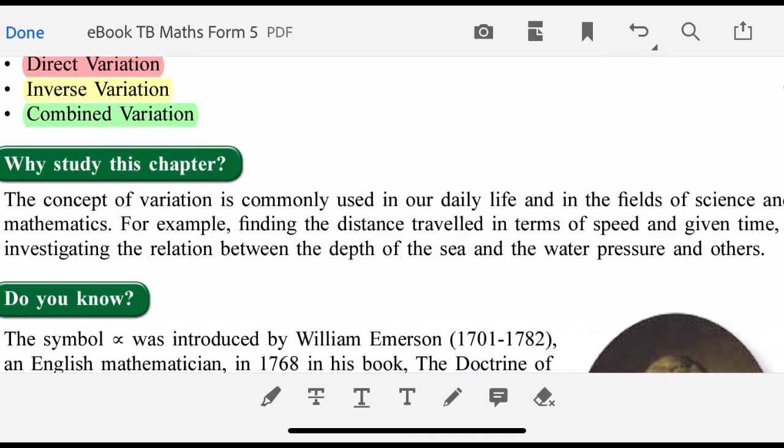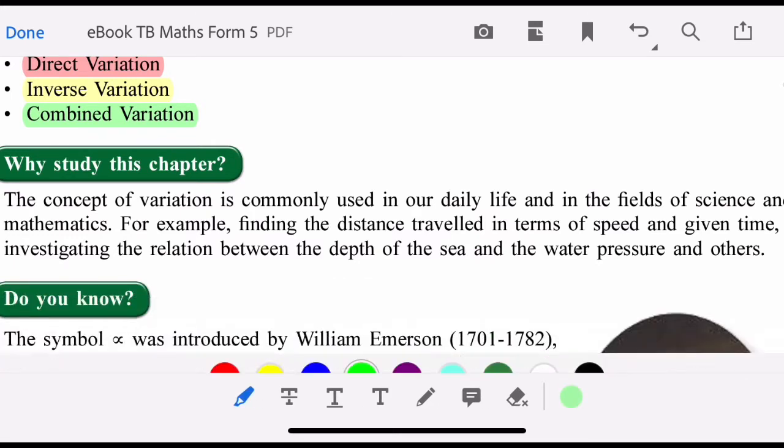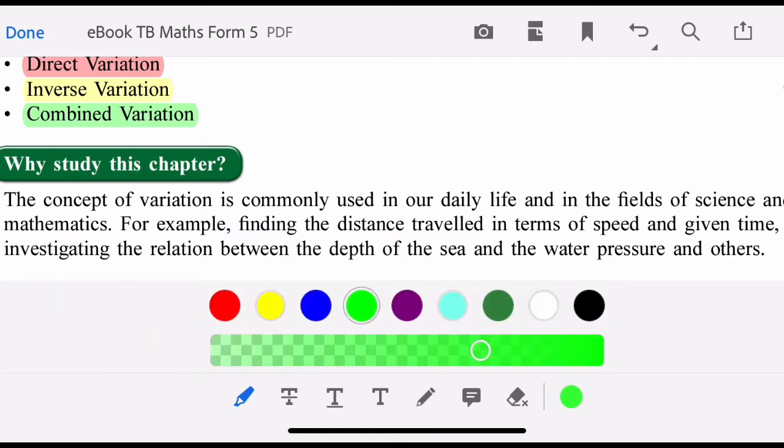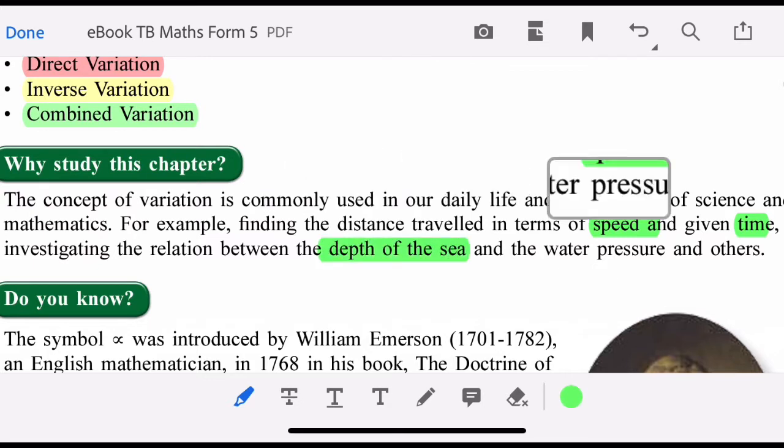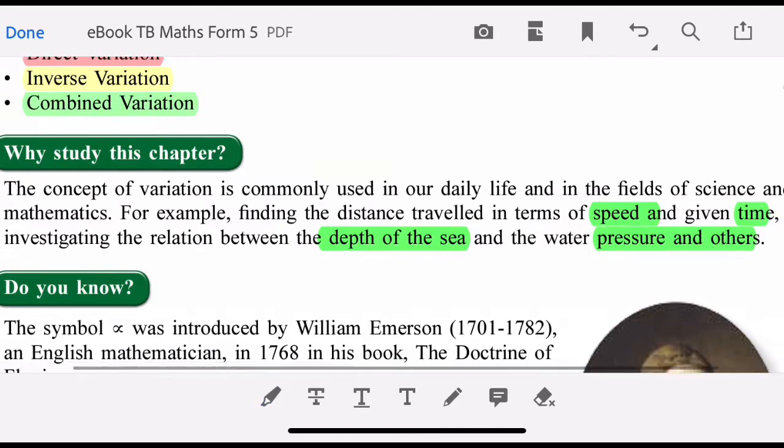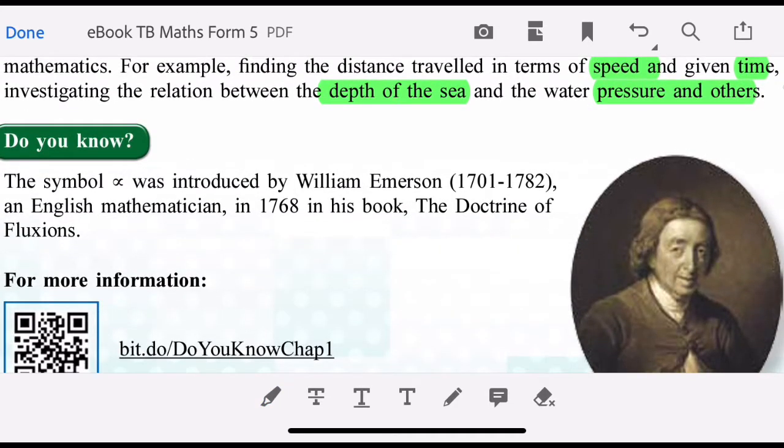So why do we need to study this chapter? The concept of variation is commonly used in our daily life and in the fields of science and mathematics. For example, finding the distance traveled in terms of speed and given time, or investigating the relation between the depth of the sea and the water pressure, and others.